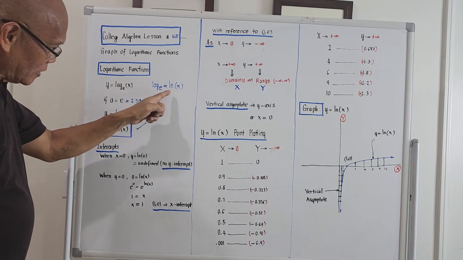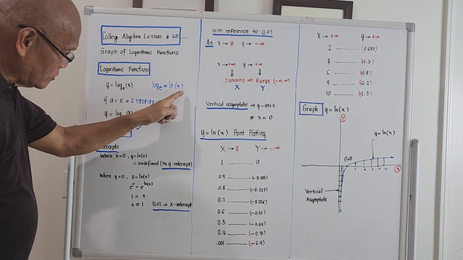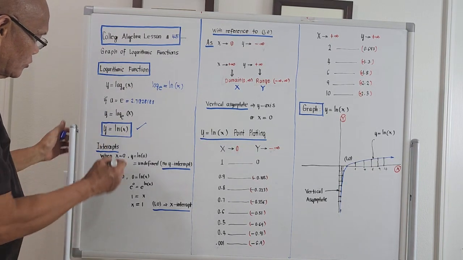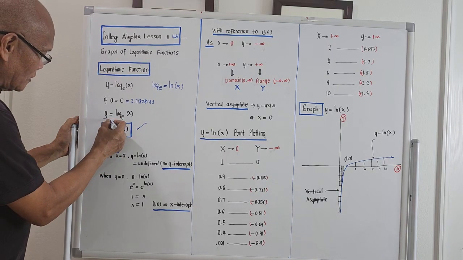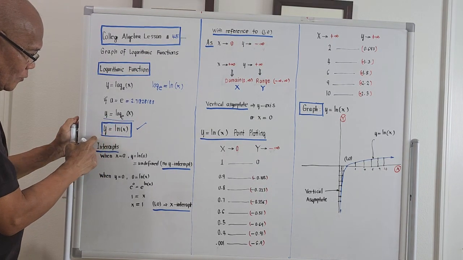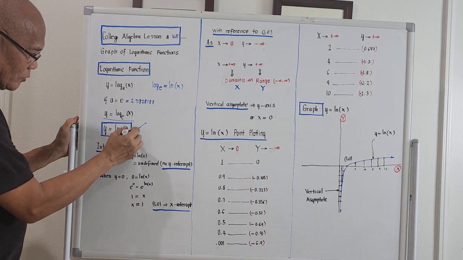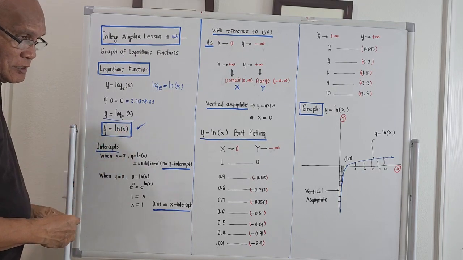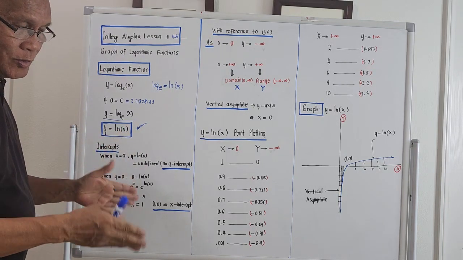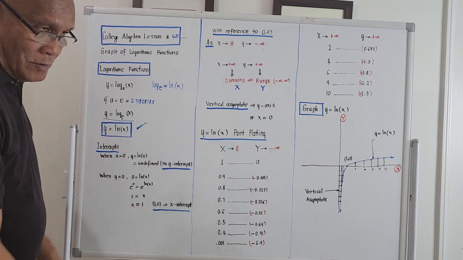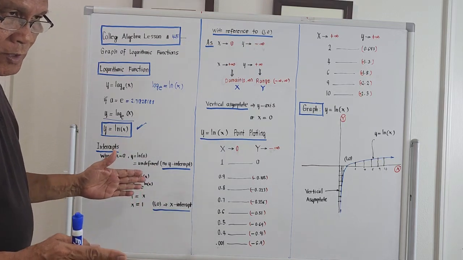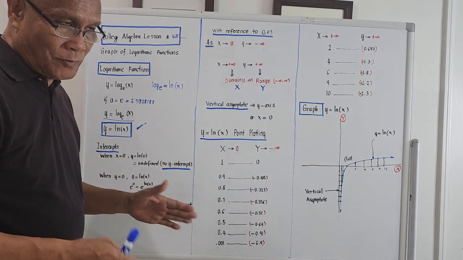We just place ln, meaning natural log of x. So if we try to simplify this one, y now will be equal to the natural logarithm of x. And that is actually the so-called natural logarithm function. And our problem for tonight will be on how to graph this.